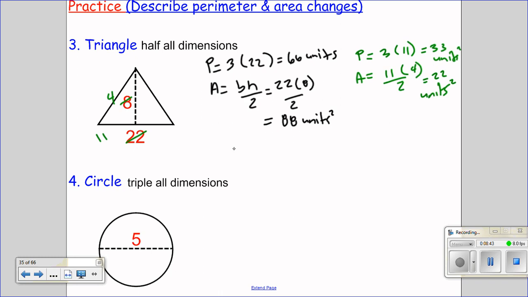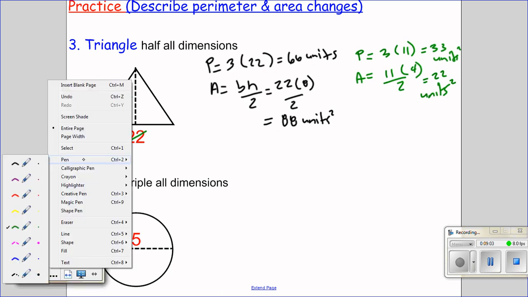So the perimeter of the original is actually 2 times larger. But another way to look at it is the perimeter of the new is half the perimeter of the old.